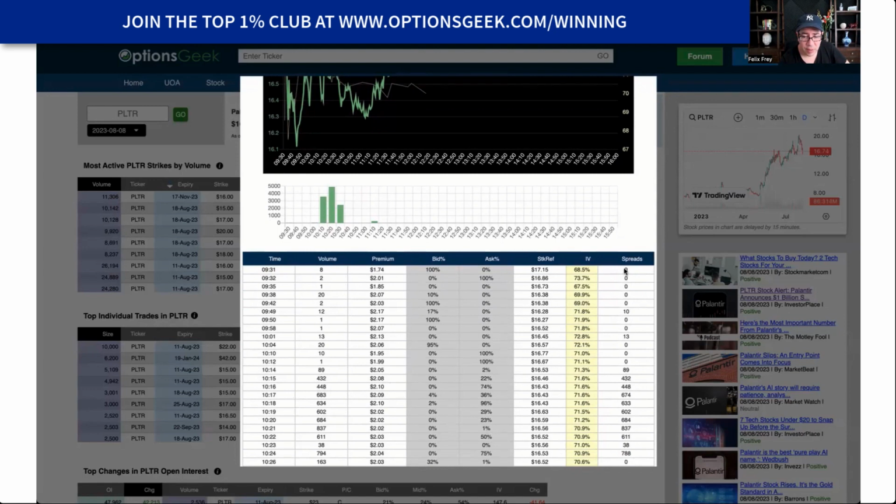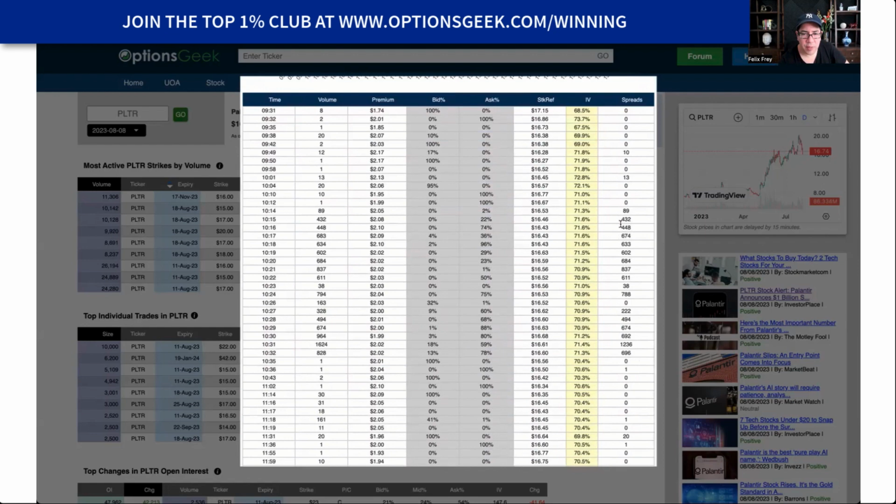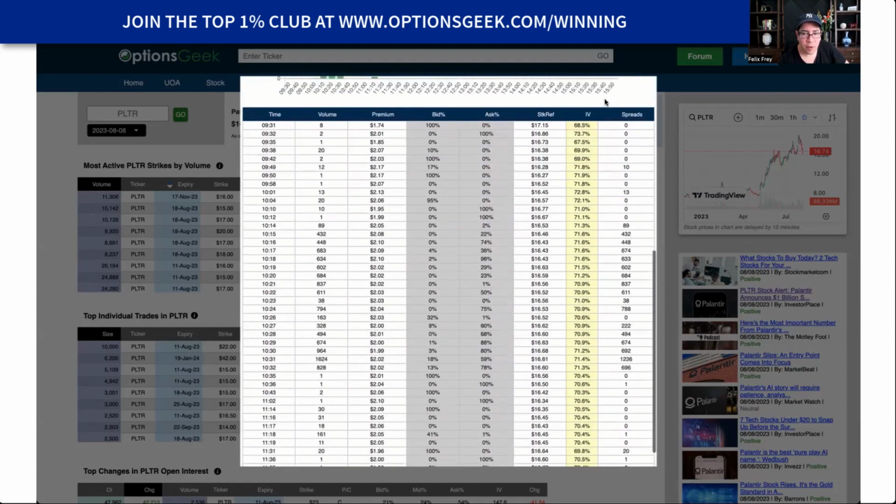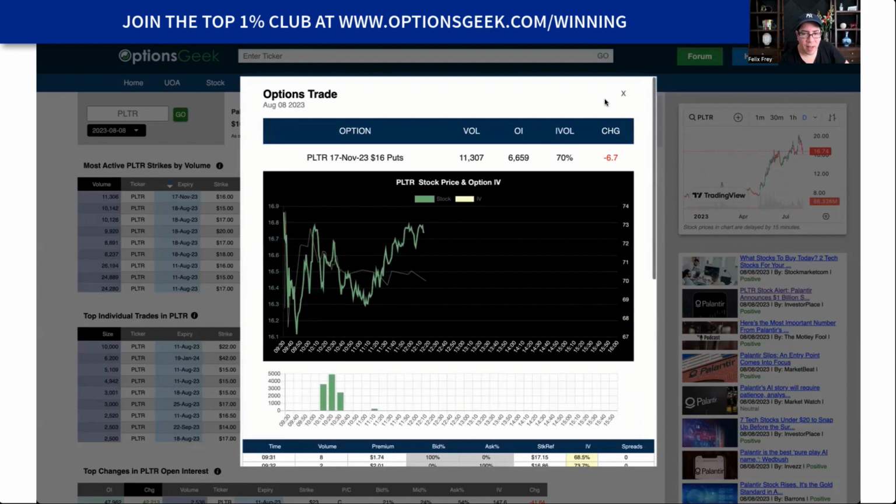Okay. Now, this indicates here that there's spreads. Okay. I looked across all the different strikes to see if I can find any spreads going on at this level. I could not. And so this makes me think he was buying some puts, and I suspect he was buying stock. So buying puts outright and buying stock to cover a short heading into the earnings.